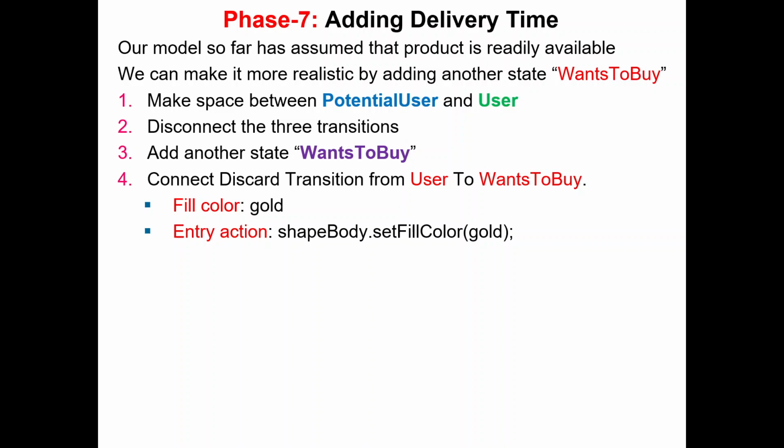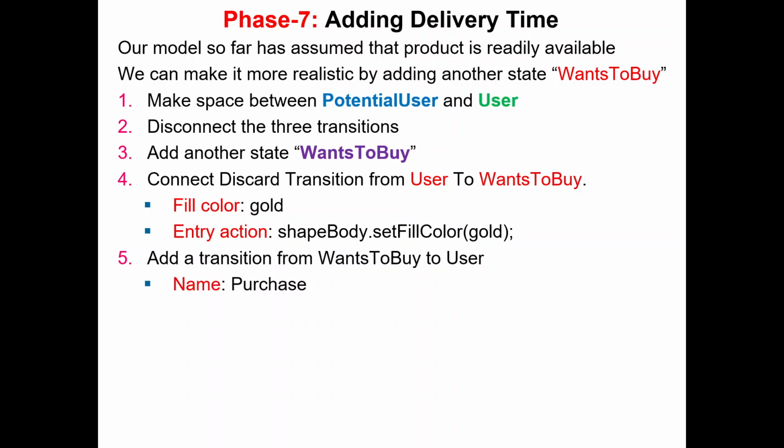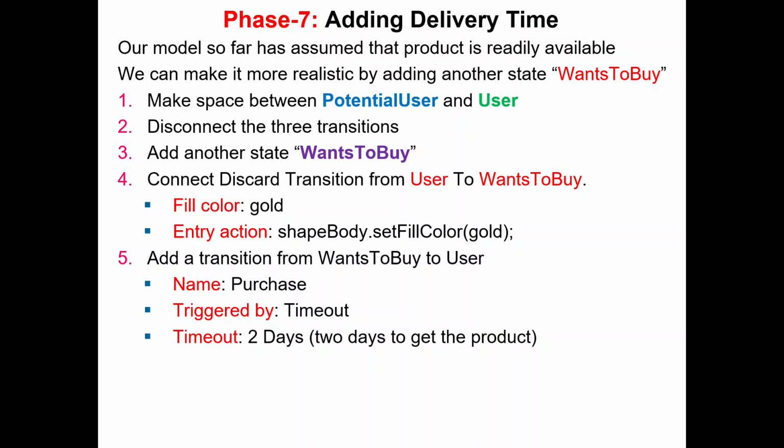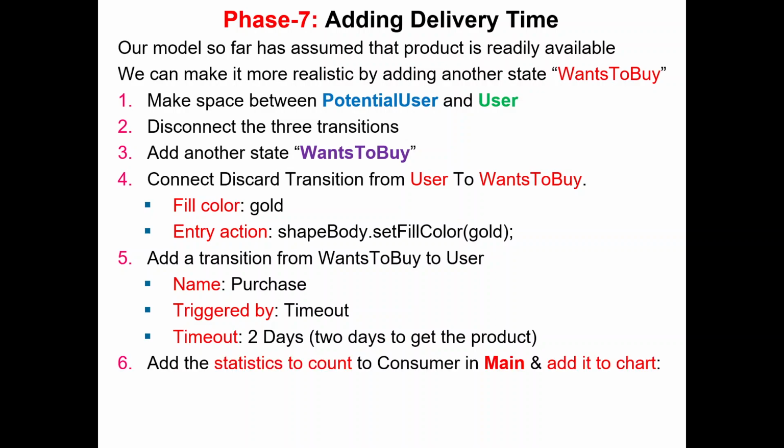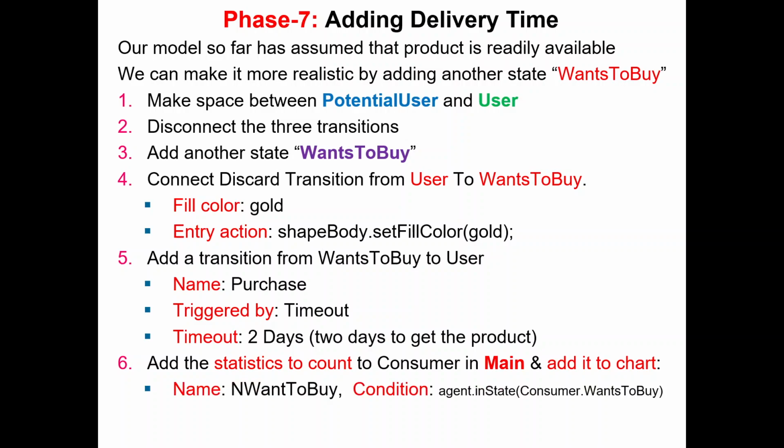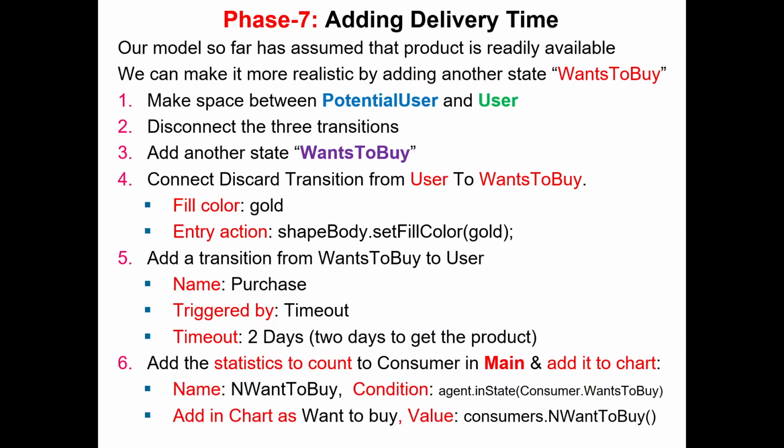What happens when the consumers enter from the potential user to the user state, we will add an entry action, and then we'll add a transition from wants to buy to user state, and we'll call it purchase, and it will be triggered by timeout. Then we'll also add some statistics in the consumer, and then we will display them in the graph. So let's see how this is done in AnyLogic.